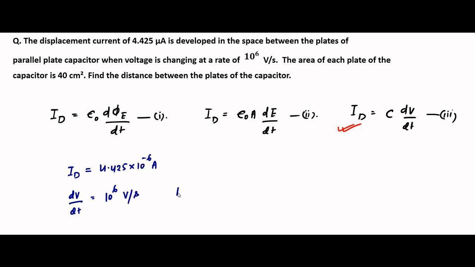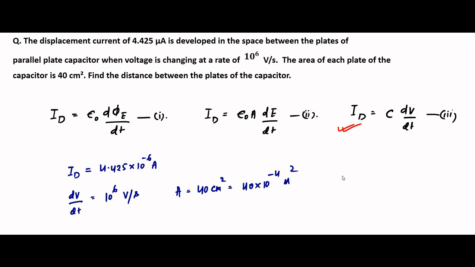Area of the plates is 40 centimeters square, which is equal to 40 into 10 to the power minus 4 meters square. We have to find the separation between the plates.